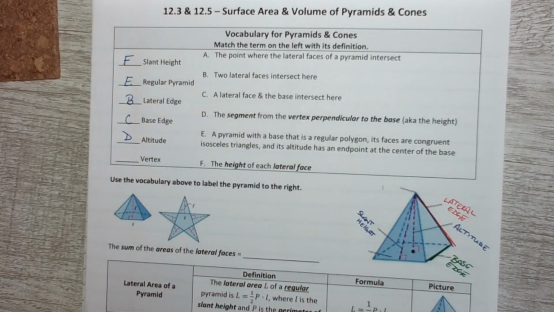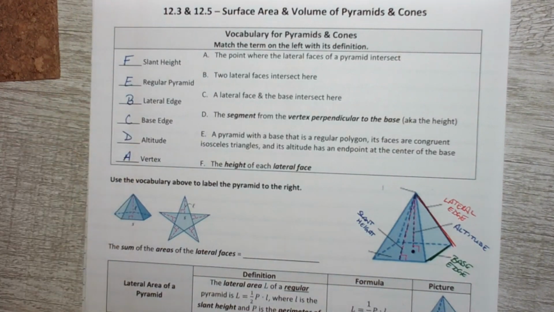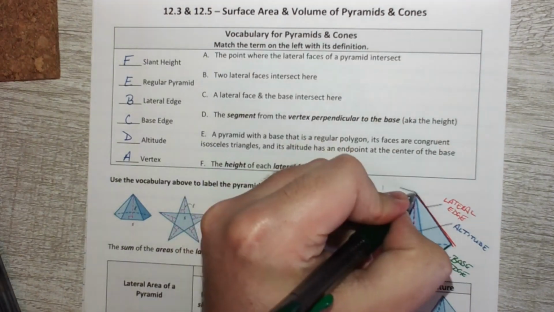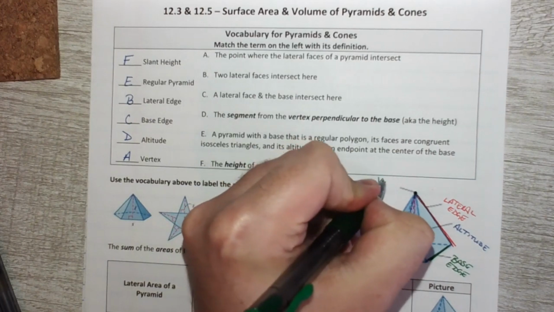And then lastly, the option we have left is option A, the vertex. The vertex is basically the point where all the lateral faces of that pyramid intersect. So up top here where all of those triangles meet, this is the vertex of that pyramid.